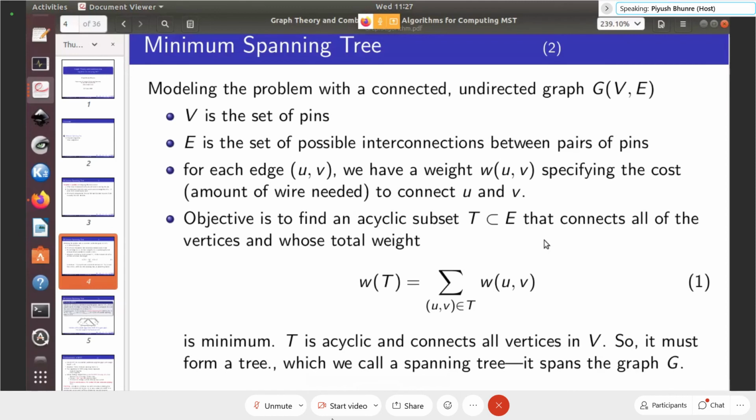In our problem, when we have n pins that we want to connect by connecting wires, every possible connection between any two pins gives you an edge, right? So suppose we have a set of edges, the possible interconnections between pairs of pins, and every connection has some cost.